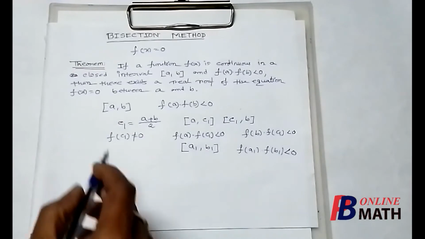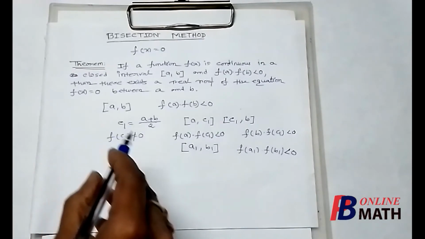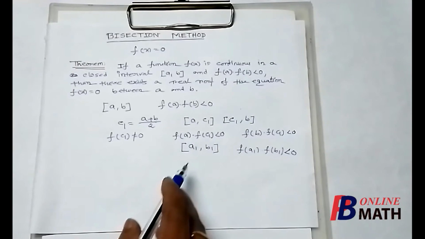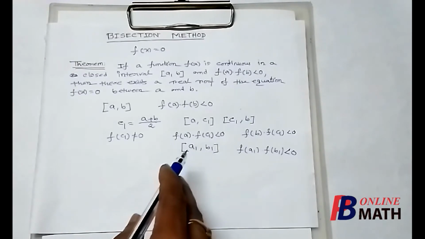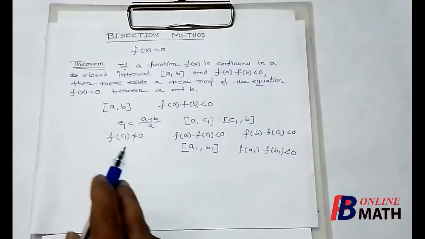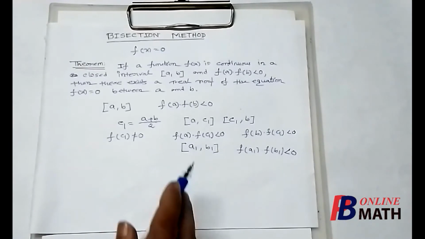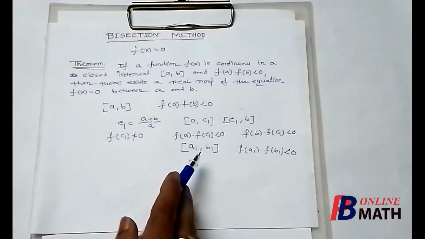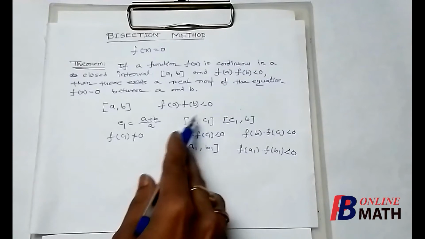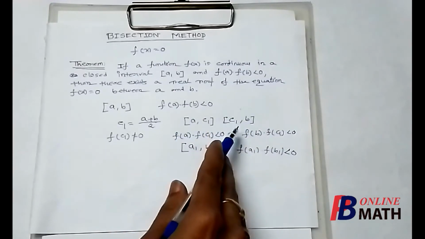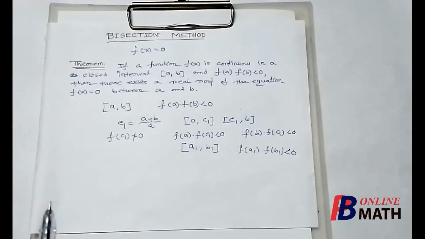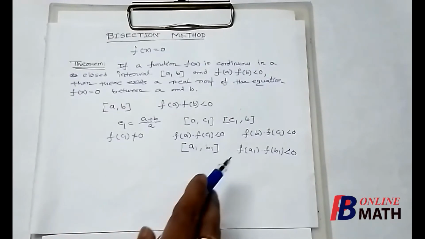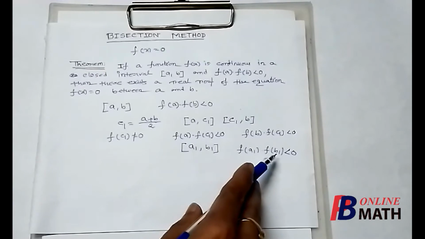Starting from the interval [a, b], we have found a new interval [a1, b1], which is a subset of it, such that the real root lies between a1 and b1.